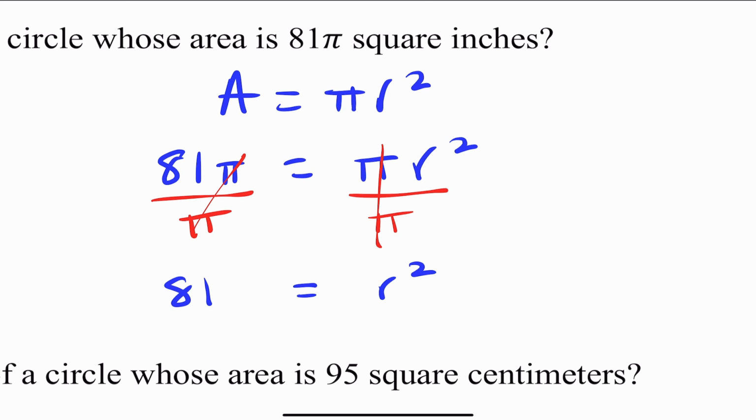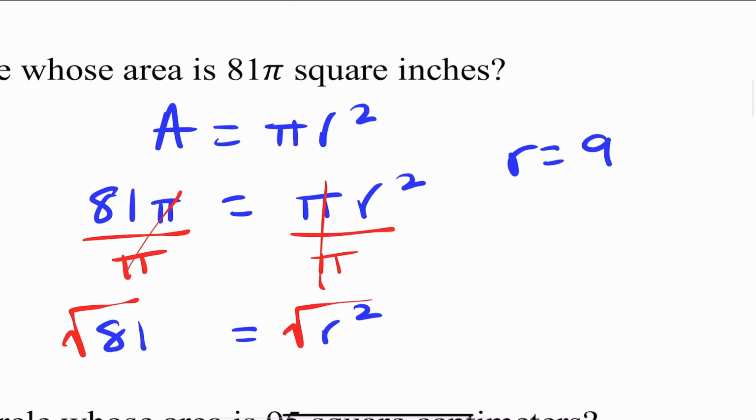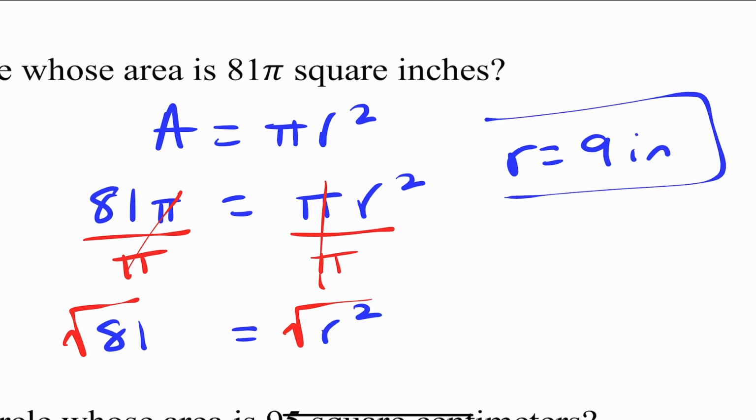I have to do what on both sides to get r by itself? Take the square root, right? So I'm going to take the square root on both sides. So r is equal to 9. 9 what? Not square inches. Because we're dealing with the radius, it's one-dimensional. It must be what? Just inches. So r equals 9.